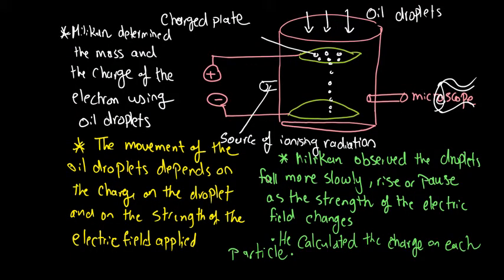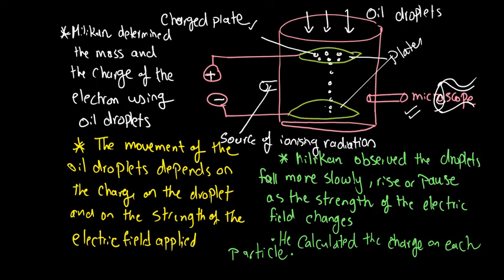Looking up here is the model of the experiment done by Millikan. He used an electric field which has positive and negative charge. He used a source of ionizing radiation that creates ions in the field inside. And here we have a microscope. By the microscope, he was able to view the falling or the movement of the oil droplets. He connected the two plates with a positive and negative pole, so the plates become charged.